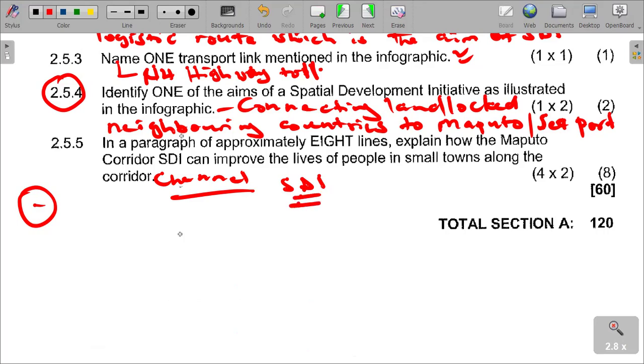It actually identifies those. So what you need to look at is how that can actually improve the lives of people in small towns. There are quite a lot of answers that we can give here.